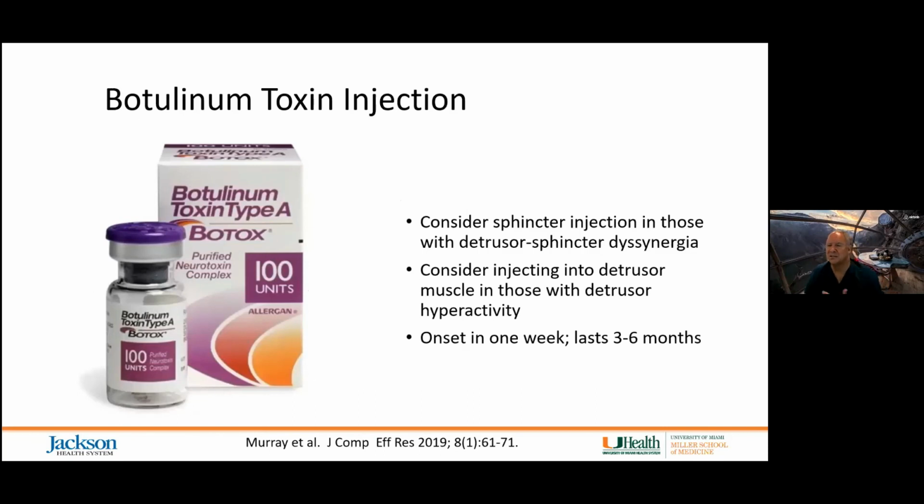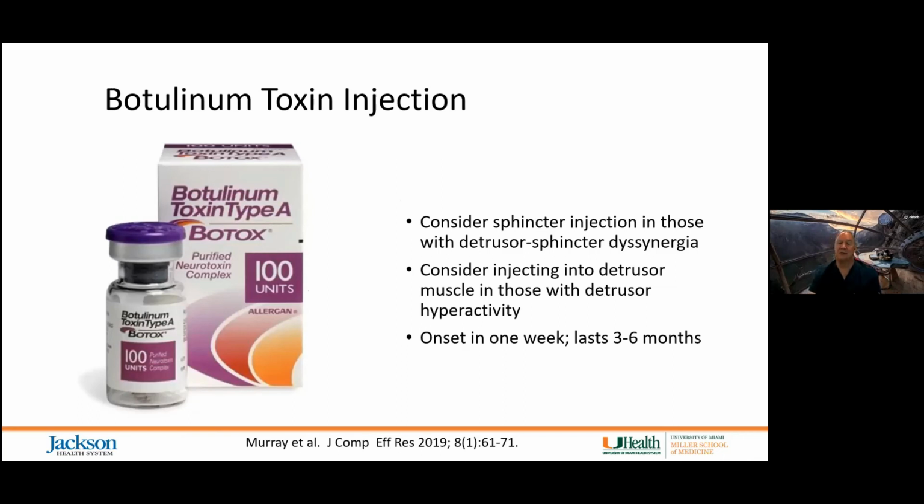So Botox can be injected into the detrusor and or the sphincter, depending upon where you're particularly having problems. If the issue has to do with high pressures generated, then you might want to consider both, but you want to maintain continence. And so that's the consideration and the offset there.